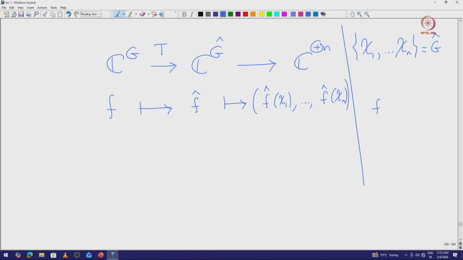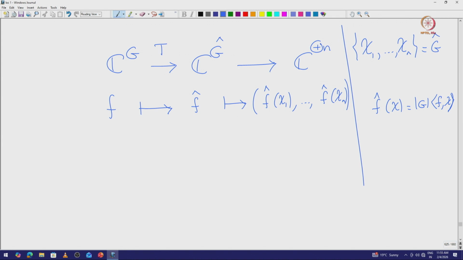What is f hat of chi? By definition it is the cardinality of G times the inner product f comma chi. As we noticed before, the inner product completely recovers f.